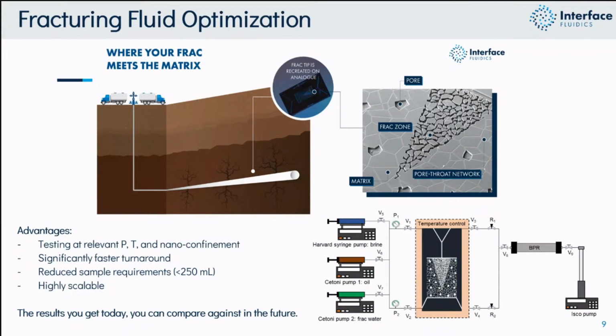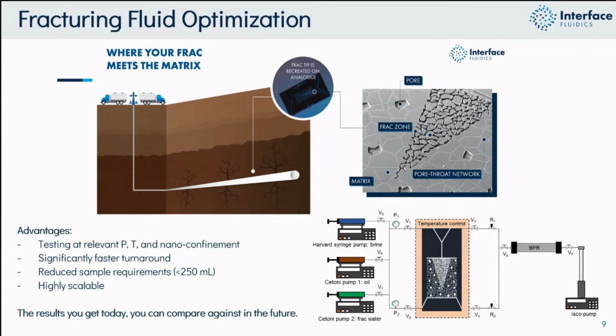In terms of the porosity and permeability contrast, the matrix has around nano to micro darcies, depending on the size of the throat permeability, and under 6% porosity, while the frac zone has around 50 to 60 darcies and 30 to 40% porosity. So there is a huge contrast in terms of the pore geometries and characteristics for frac and matrix.